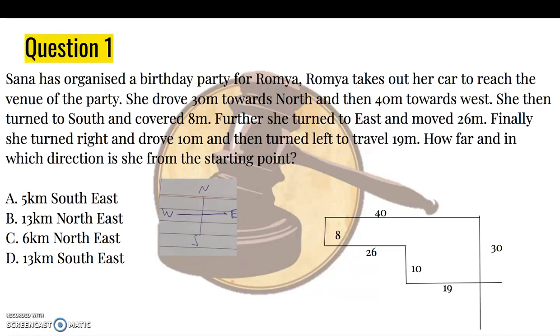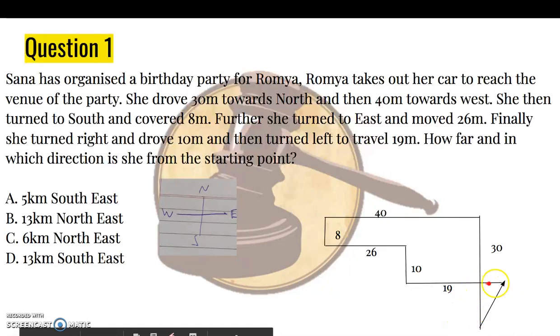and we have to find which direction she is from the starting point and how much displacement, that is this distance. This is called displacement, the shortest distance from the starting point. So to calculate this arrow we will have to calculate this part and this part.